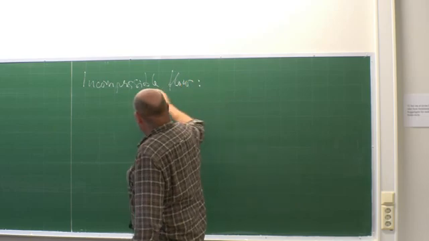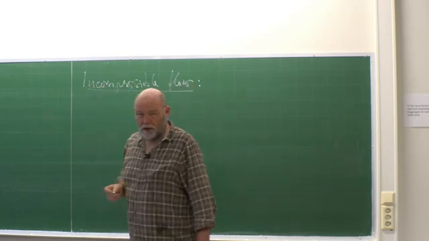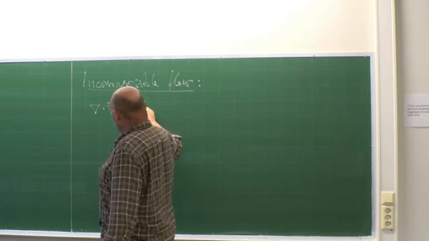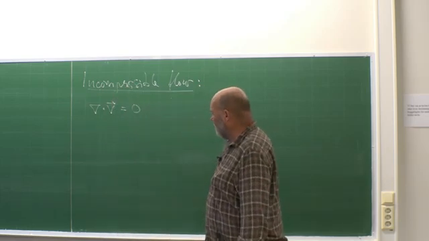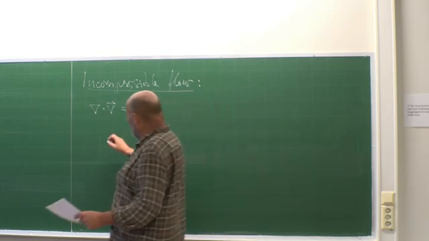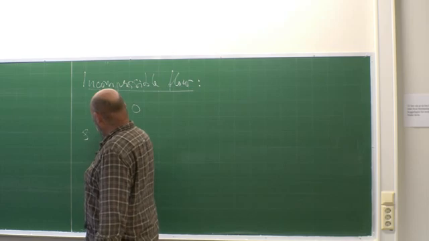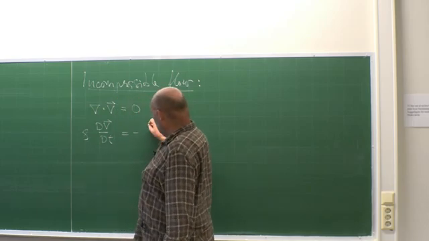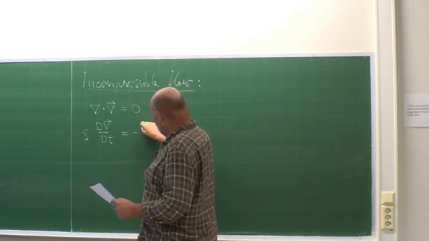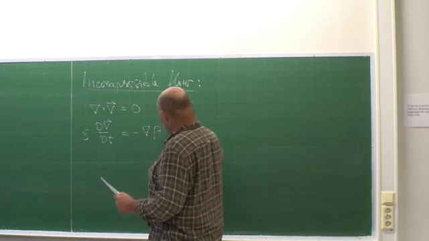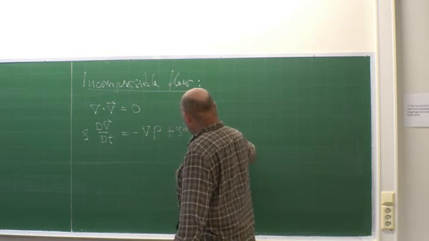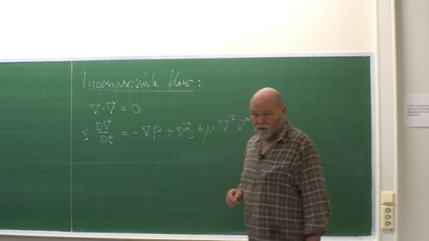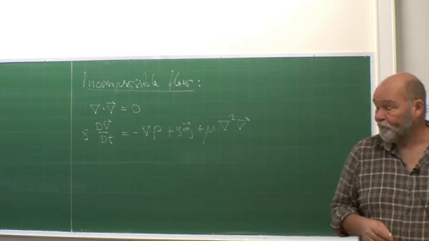When you have incompressible flow, you have the following set of equations. Continuity is just a divergence equal to 0. And you have the momentum equations, which now should read something like this. Total derivative equals, and then we will have the pressure gradient here, and we have, if you like, the gravity, and finally the viscosity. Sort of the simplest form of the Navier-Stokes.